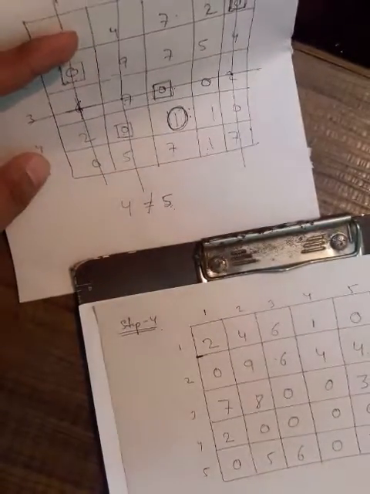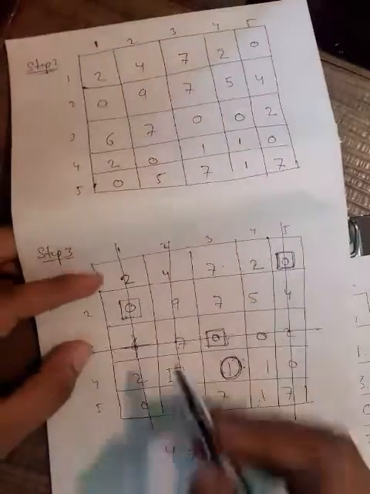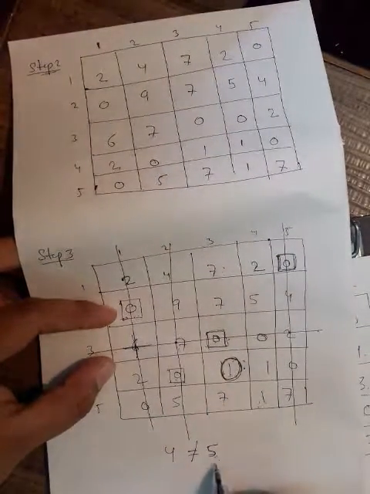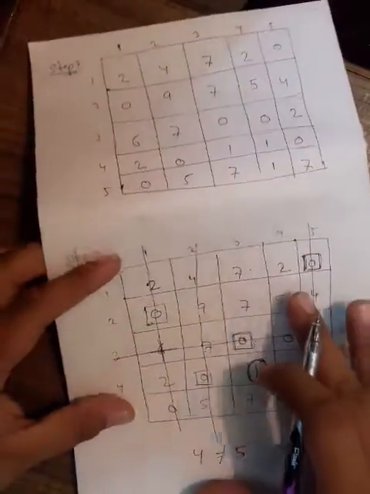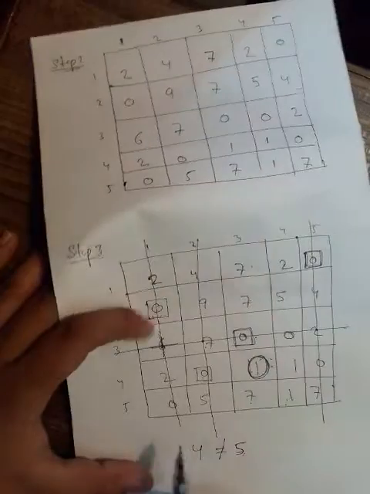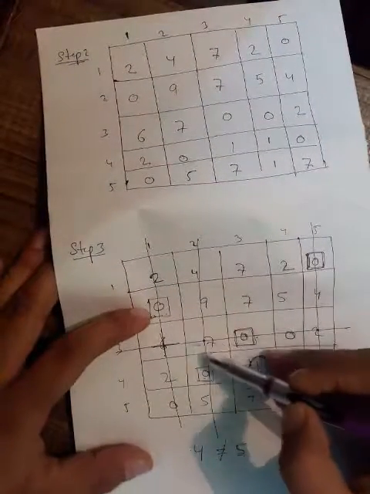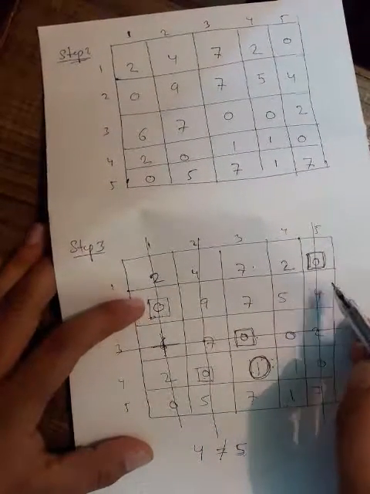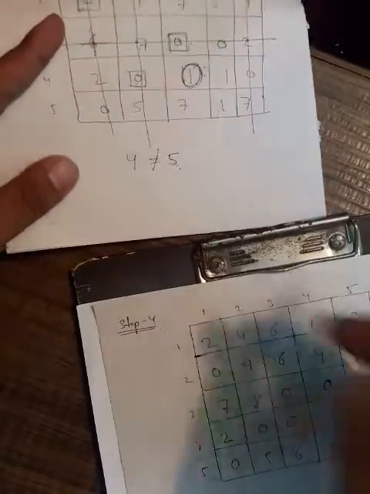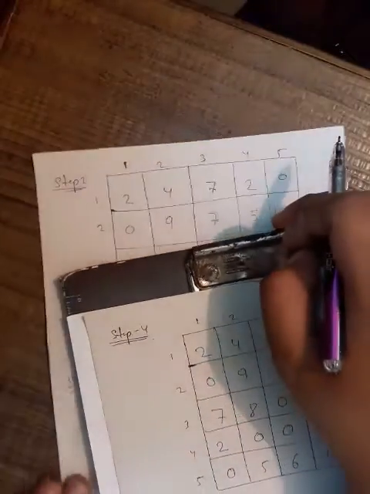So we have to move to step 4 as we did. If the number of allocated values is equal to the number of rows or columns, then our optimization has been reached and we have to stop here. But since the number of allocated cells is not equal to the number of elements of the matrix, we have to move to step 4 as we did now.